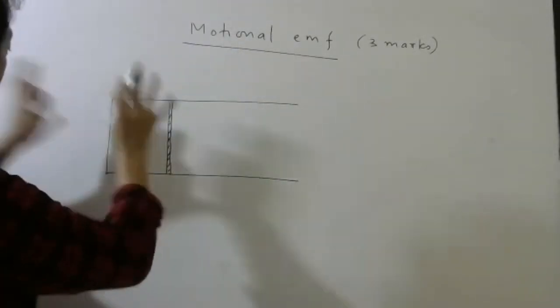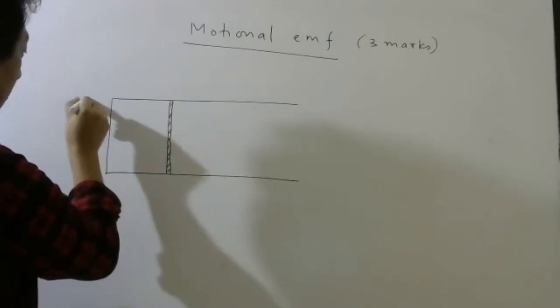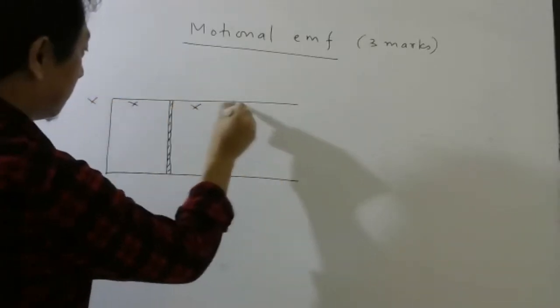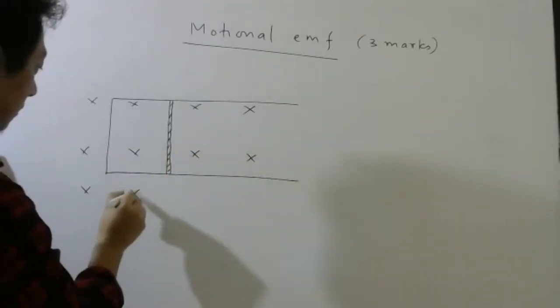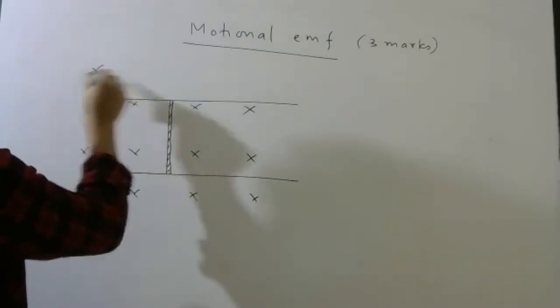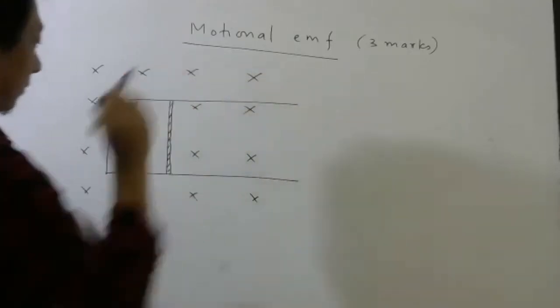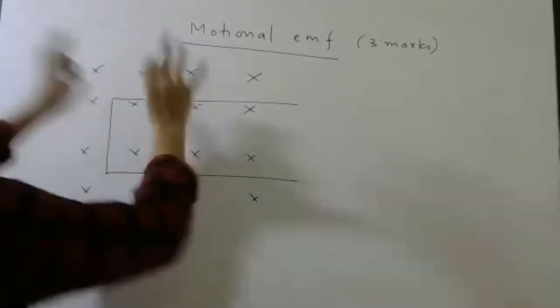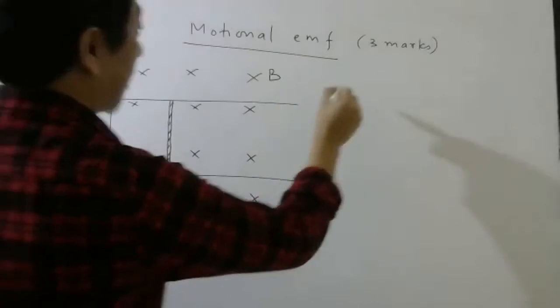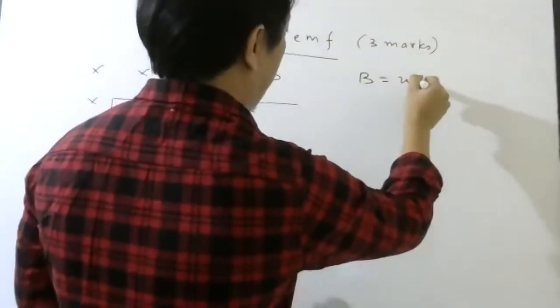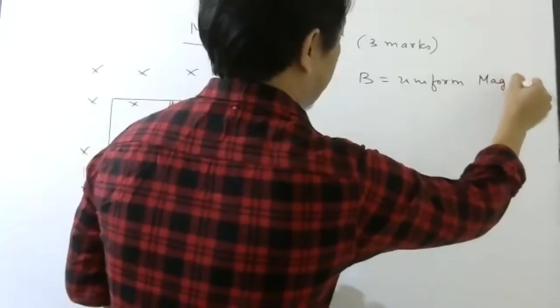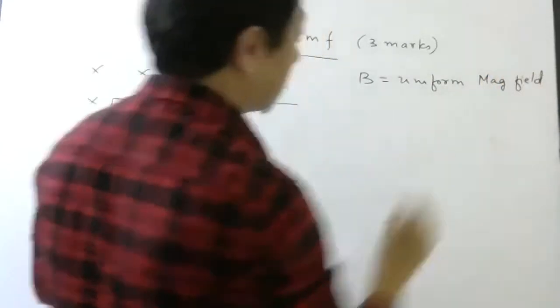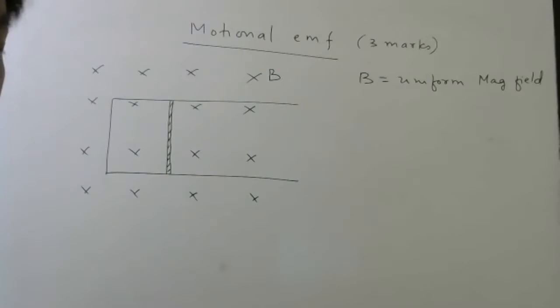So this way means cross or dot, cross, everywhere. So you have a uniform magnetic field, capital B. So capital B is your uniform magnetic field produced by some magnet, that I don't worry right now.